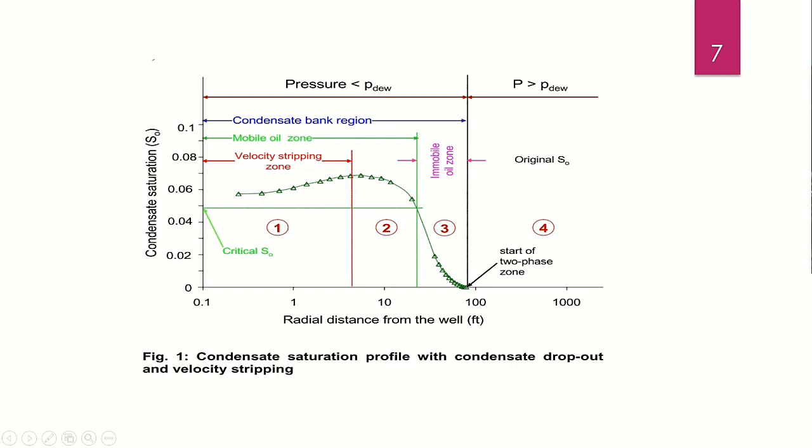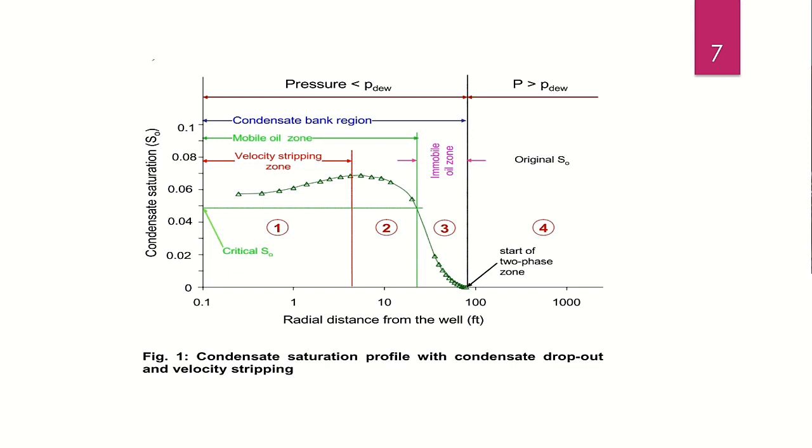Here we can see that at the start of the two phase, the saturation of condensate will increase as the pressure reduces below the dew point. Region 4 contains the gas with initial liquid saturation. Here we can see that the original saturation of gas will decrease as pressure increases.